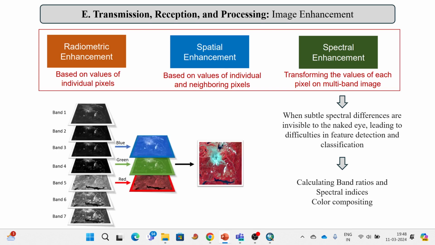Okay, so this is one example which is for false color composite. So you can see these are the 7 bands that we have downloaded.